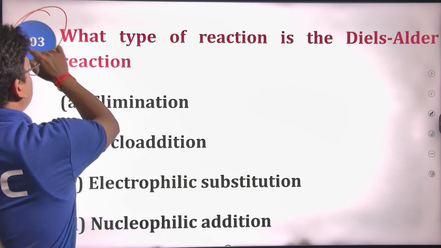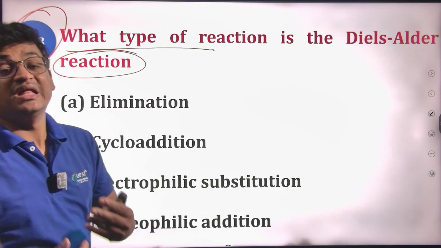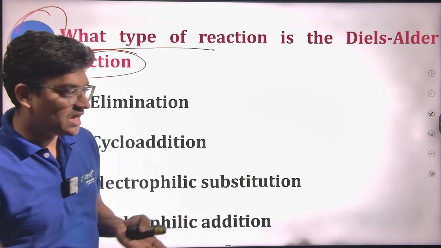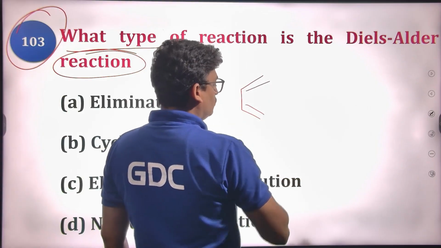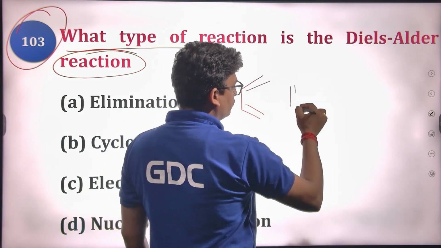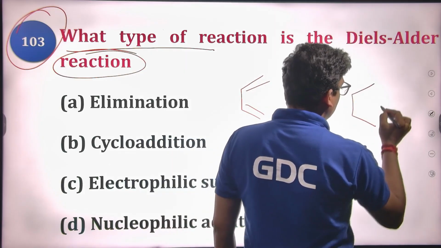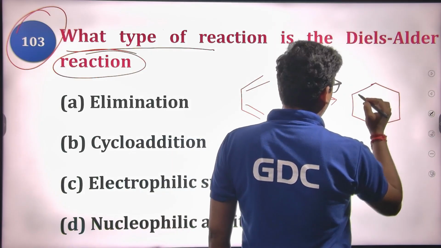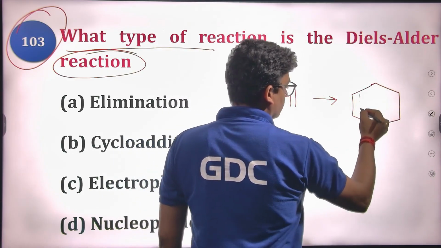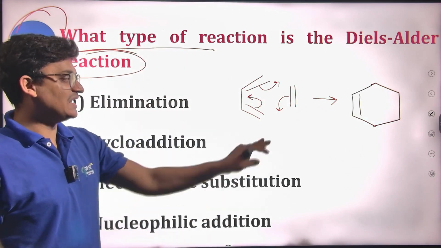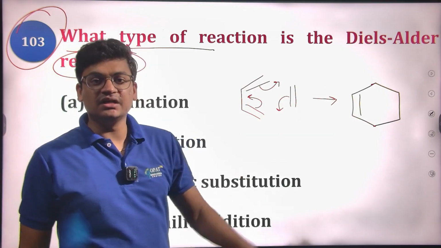Question number 103. What type of reaction is Diels-Alder reaction? Diels-Alder reaction is in the category of pericyclic reactions, a cycloaddition reaction. If we have a conjugated diene reacting with a dienophile, we get a cyclic transition state followed by a cyclic product.